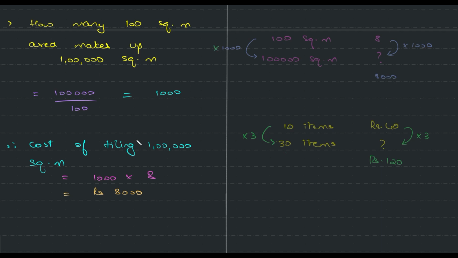Okay. So multiplying with 1000 will give us 1 lakh. And so here too on the other side as well, I need to multiply with 1000. So 8 becomes 8000. Yes, so as simple as that.